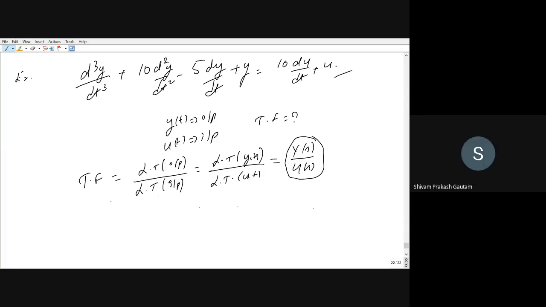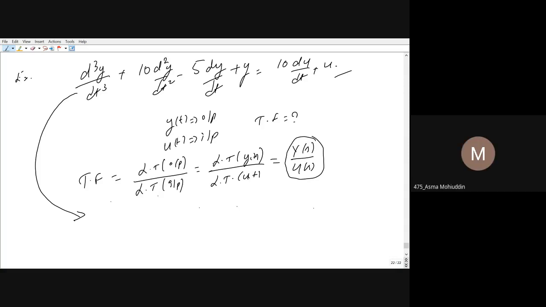Yes, sir. Okay. So what we need to do is take the Laplace transform of this equation. Now tell me what is the Laplace transform of d3y by dt cube. We have seen this while we were discussing the Laplace transform of differentiation.